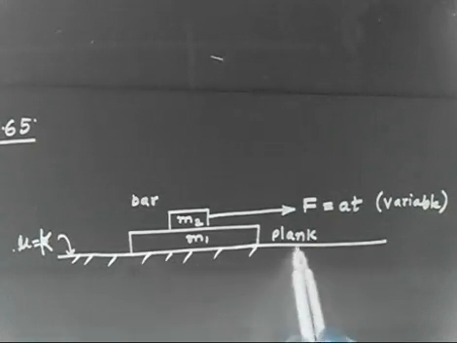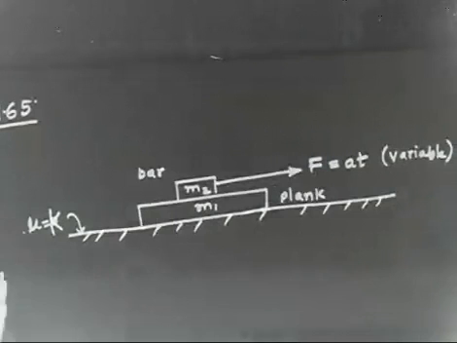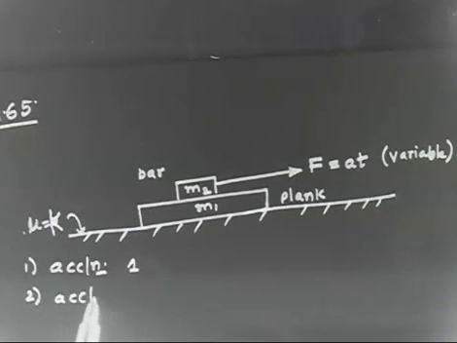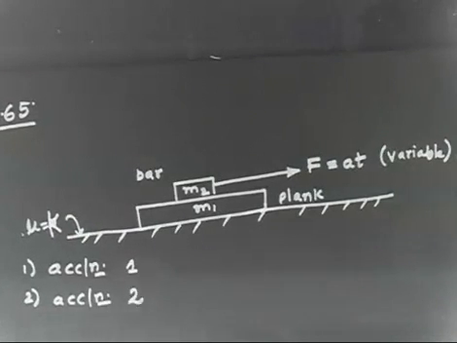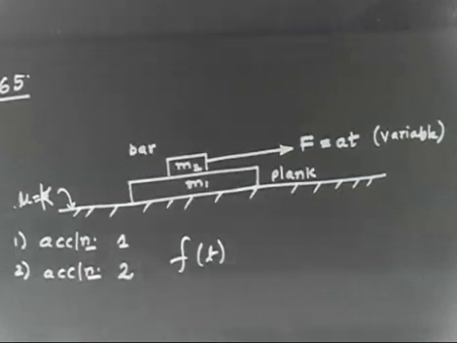So let us make this rough. So the friction coefficient is given and this is k. What we have to find is the acceleration of 1 and the acceleration of 2 as a function of time.